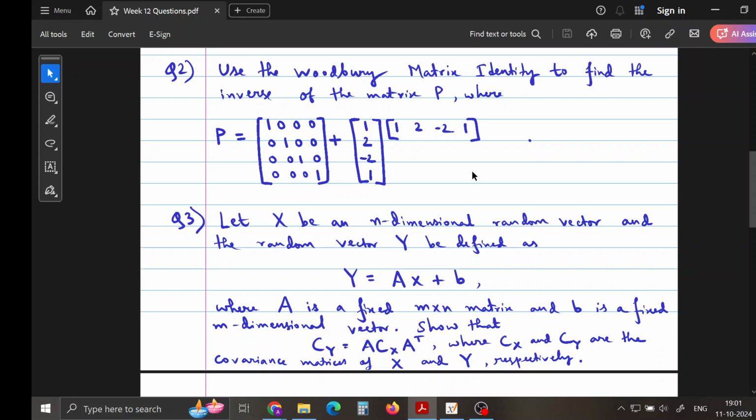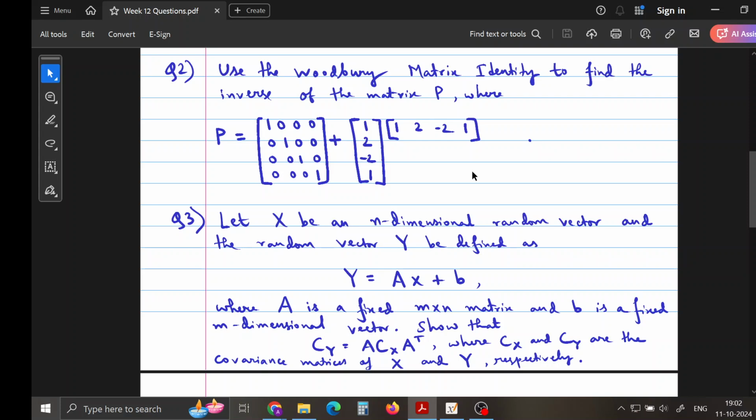So maybe if you get your hands dirty with some of these basic examples, then you might appreciate the derivations and the proofs. In fact this third question was already discussed in one of the old lectures, maybe around week 5 or 6, or maybe before that.